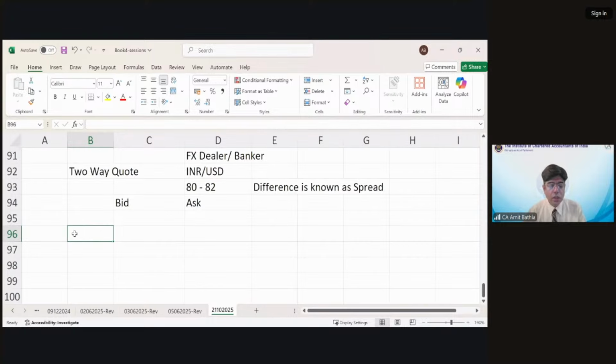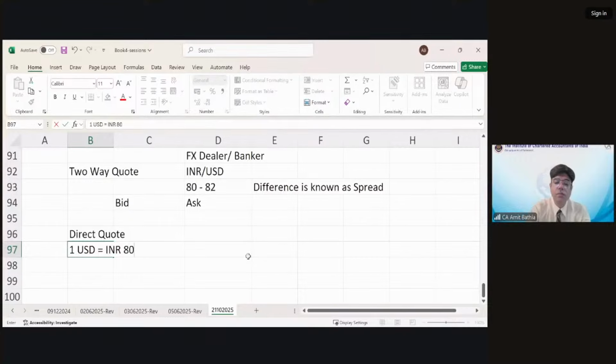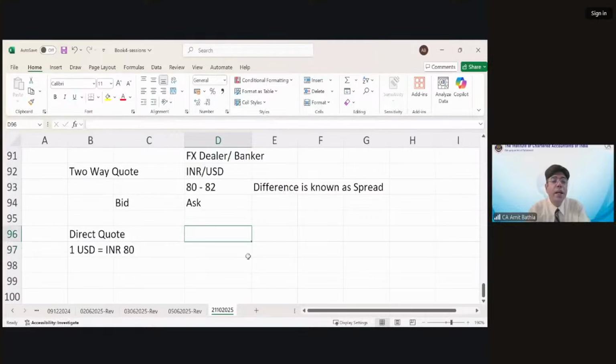All right. Now, let's say, for example, I have a quote which is given to me. Say, for example, there is a direct quote of currency. What is the direct quote of currency given to me? Let's say 1 USD is equal to INR 80. Okay, this is a direct quote given to me. What is the indirect quote over here, when I'm trying to express the other way around, right?